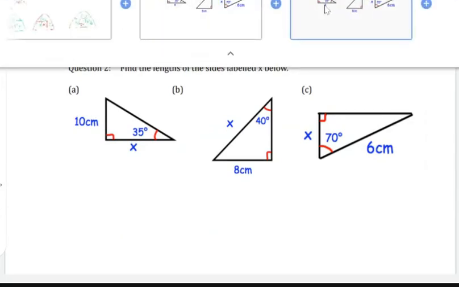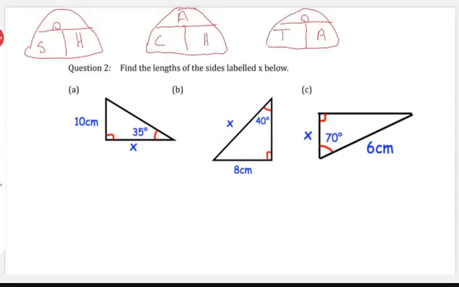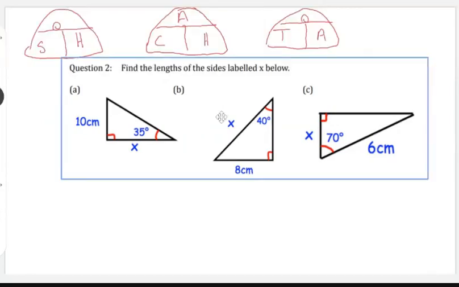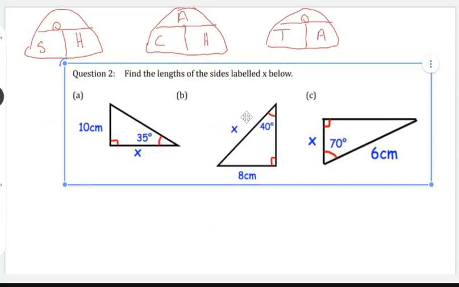So with the questions that are on slide 3, just whilst I'm preparing the next slides, I want you to have a think about labeling the side lengths of each triangle.